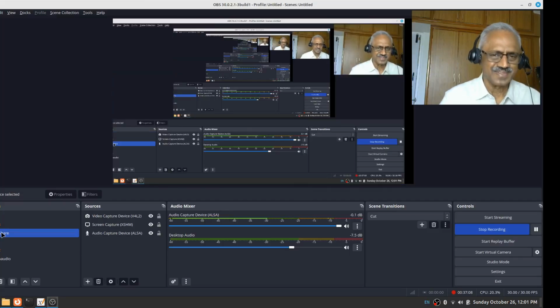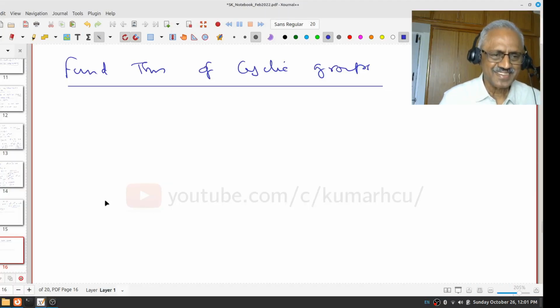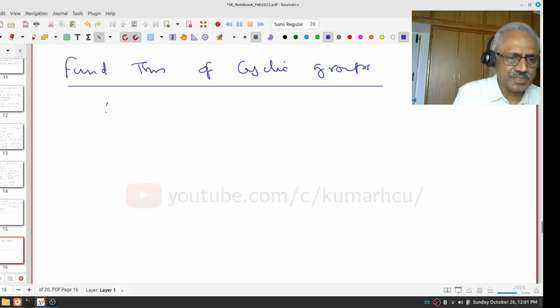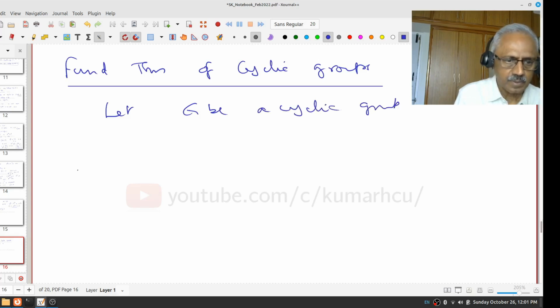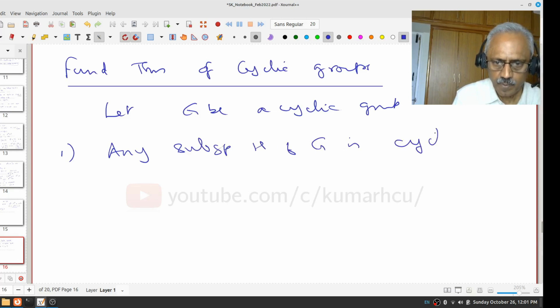Let G be a cyclic group. The first one: any subgroup of G is cyclic. That's what we just now proved. And second, let G be a finite cyclic group.